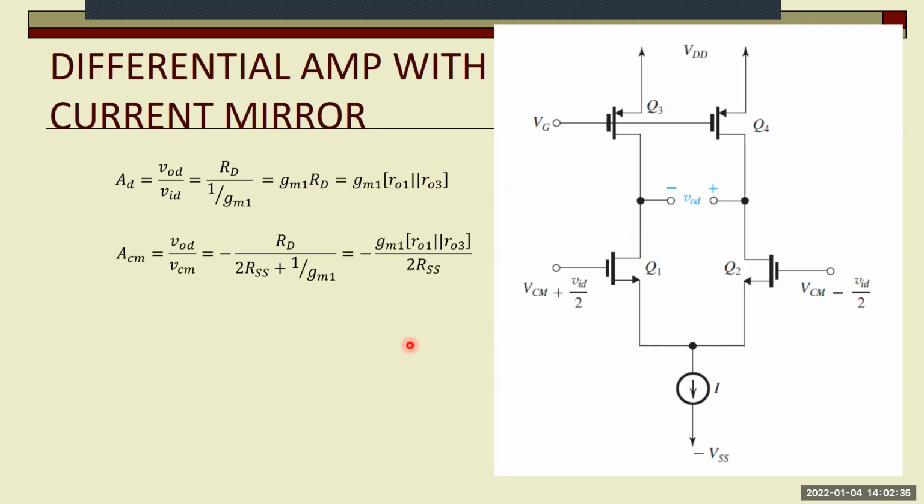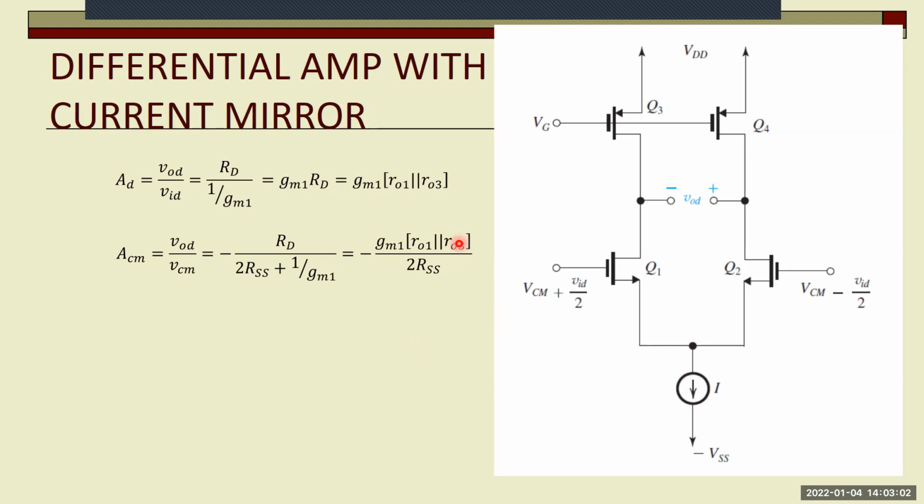When we come to the common mode gain, like in BJT, if there is any resistance connected to the common sources, the gain will be a function of it. If that resistance is not infinite, it will create a common mode gain.